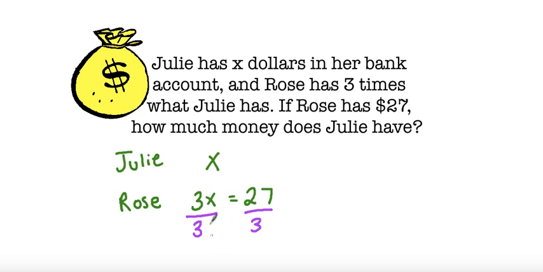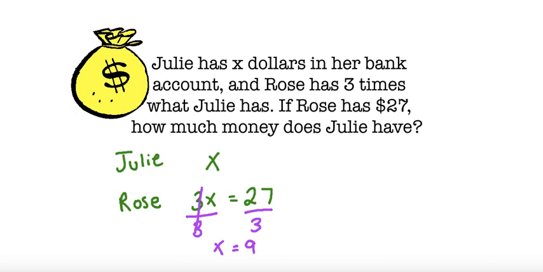So I end up with, 3 divided by 3 is 1. 1x is the same thing as x, so I don't have to write 1x. x is equal to 27 divided by 3 is 9. So x is equal to 9. x represents the amount of money that Julie has.